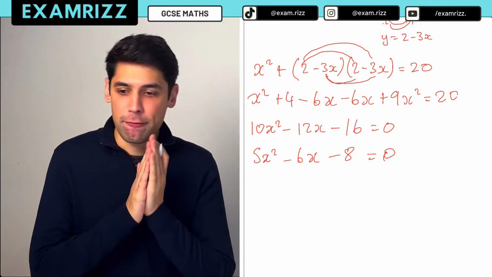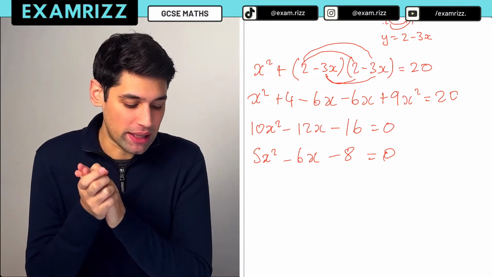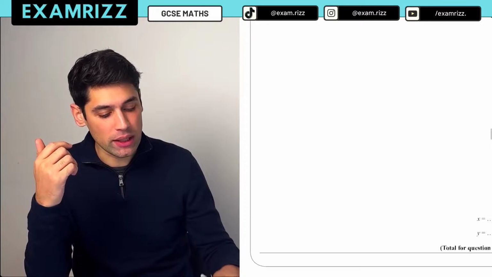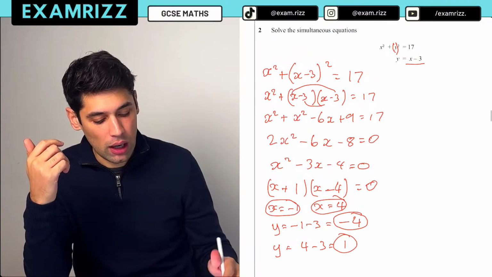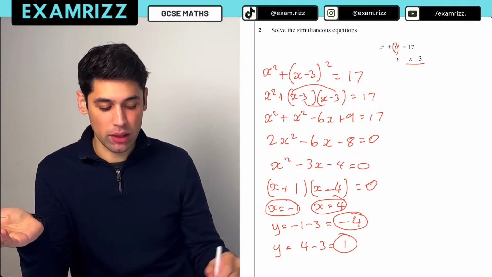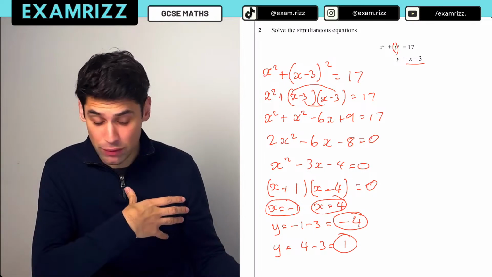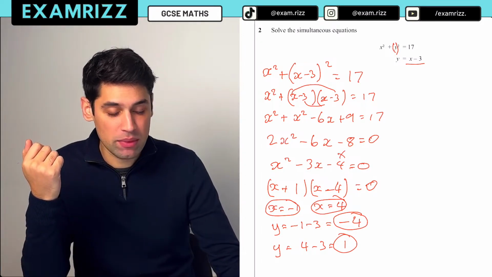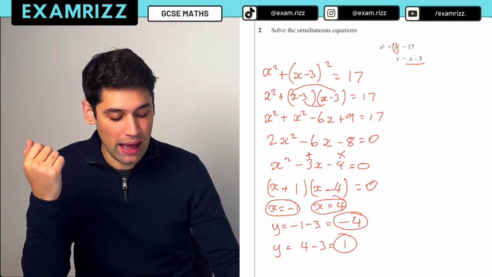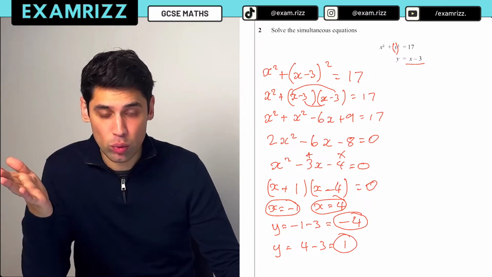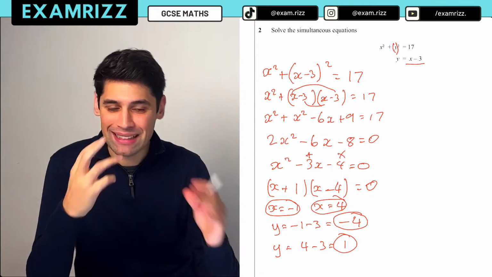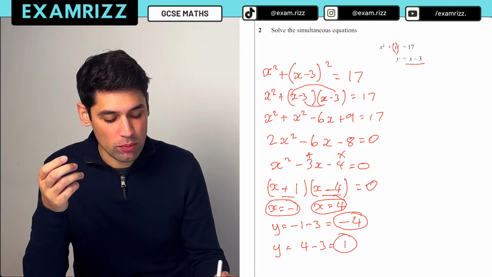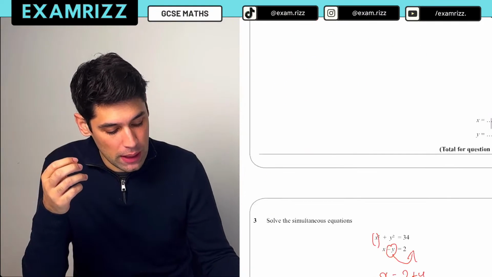So, for those of you who struggled with factorizing quadratics in the previous questions that we did, for example, turning x squared minus 3x minus 4 into (x plus 1)(x minus 4), just remember, the idea is we're looking for numbers that times together to make this one and add or subtract to make the middle one. Once you make that selection, you just plug those numbers in. In this case, it was minus 4 and positive 1.